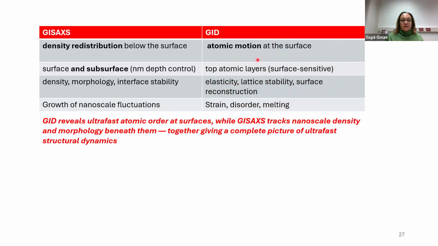Therefore, GID gives me the ultrafast atomic order at the surfaces, while GISAXS tracks the nanoscale density and morphology beneath them. And when we combine these two techniques in situ, we get a complete picture of the ultrafast structural dynamics.